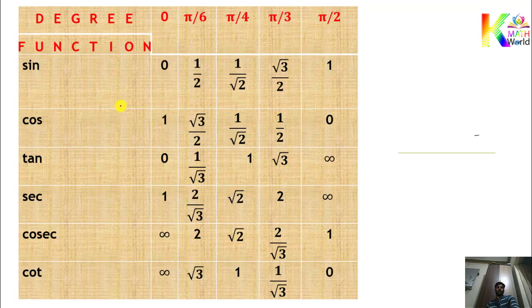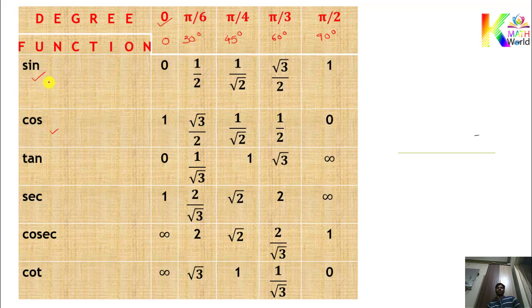We are very familiar with this table also from standard 10. We know all these values. We have seen these values in degree measure: 0 degree, 30 degree, 45 degree, 60 degree, 90 degree, and corresponding to different functions like sine, cos, you get the respective values.